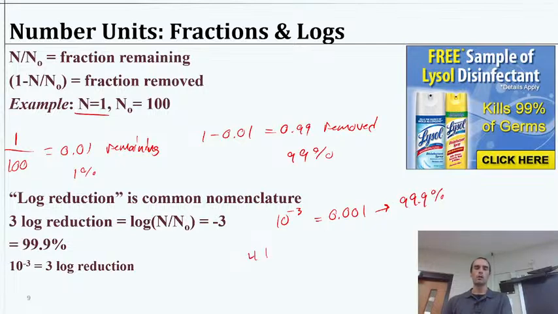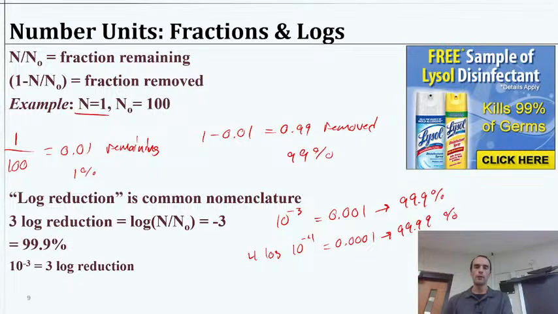whereas a 4 log reduction would be 10 to the minus 4. You could also do a 4 log growth and have it as a positive 4 and go the other way, right? That would be a multiplier of 10,000. So in this case, a 4 log reduction would be 0.0001 or 99.99%.